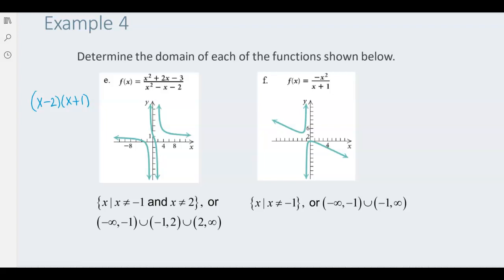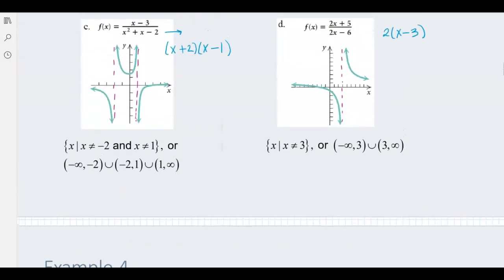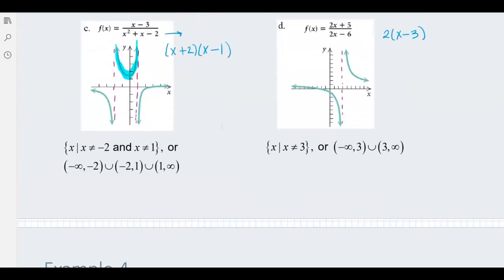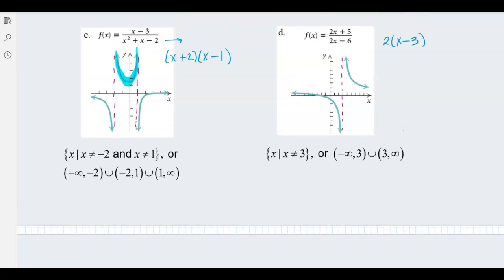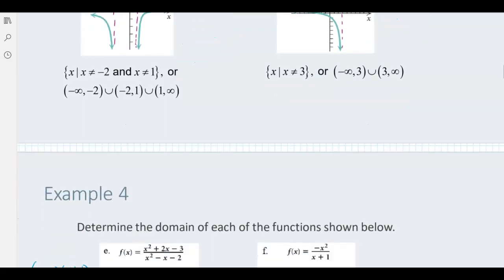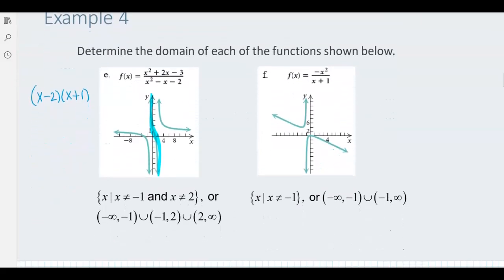But we've also got this additional piece of the graph that's happening, right? It looks different. This one looks like a cubic in the middle, whereas this other one had what looked like a quadratic in the middle, right?